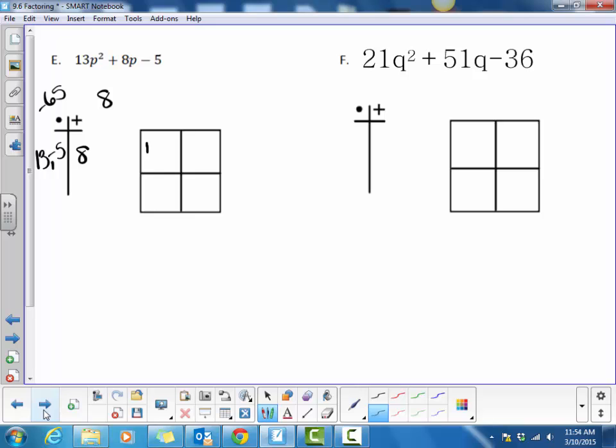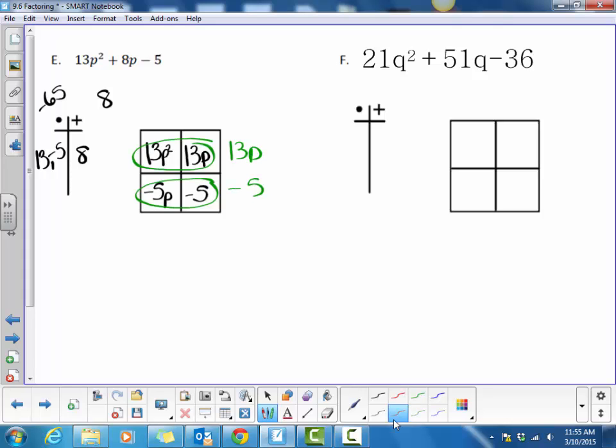So I'm going to fill out my table or my factor box. 13p squared, negative 5, and then I have a factor of 13p and a factor of negative 5p. Okay, Peyton, greatest common factors of the rows. 13p and negative 5.